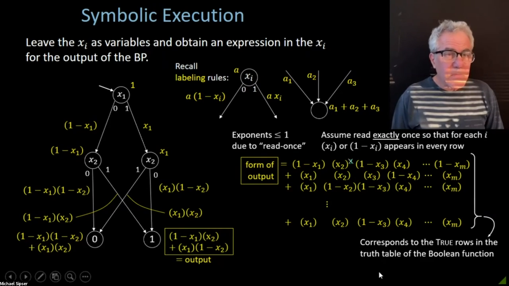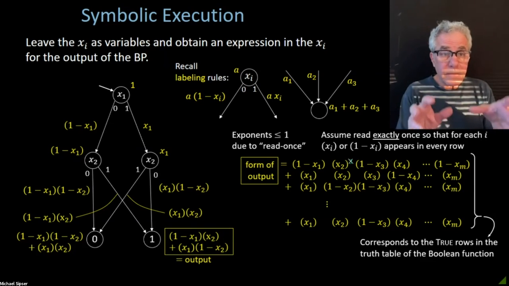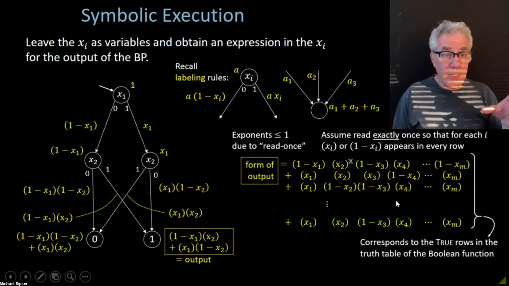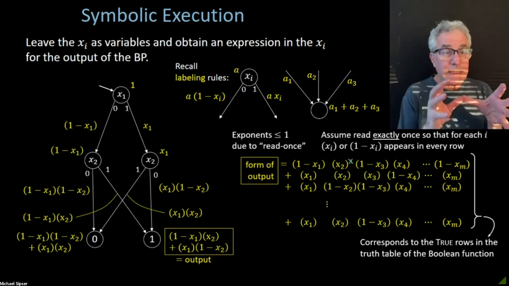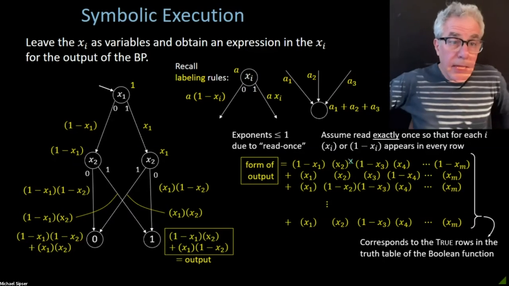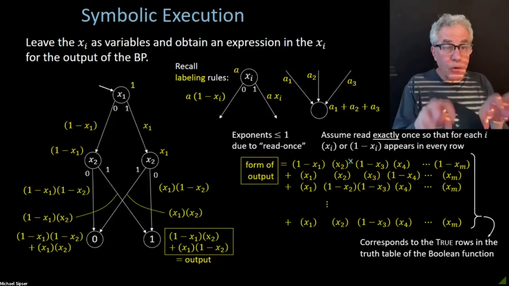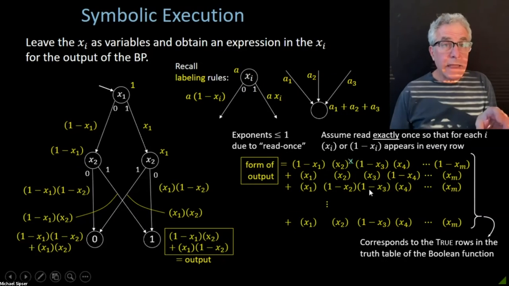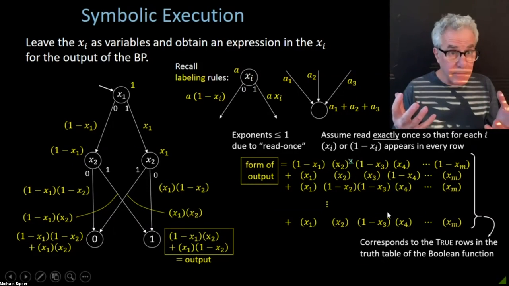But let me tell you the importance of connecting up this polynomial with the truth table. That tells us that if the two functions of the two branching programs that we started off with agree in their Boolean values, then the two polynomials are going to be the same.